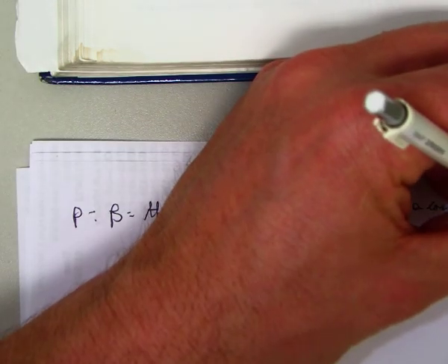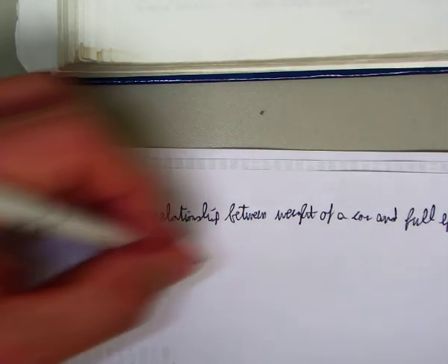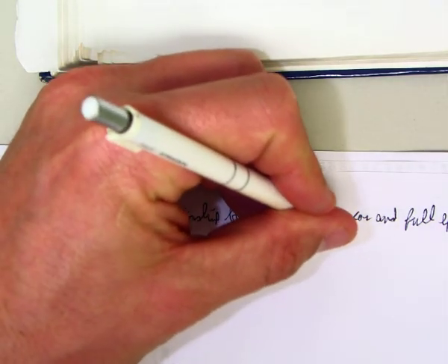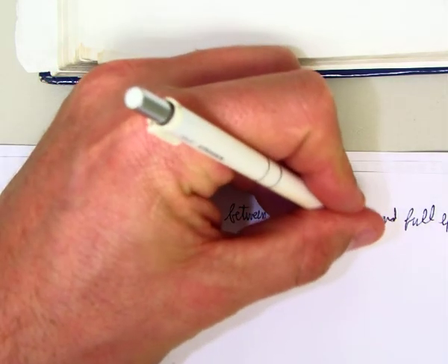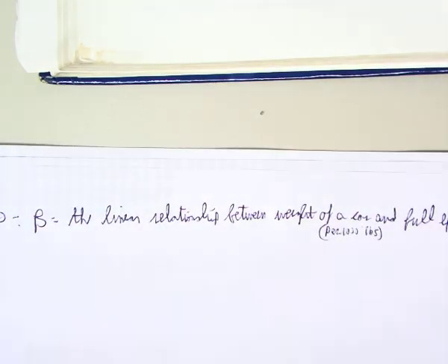Should be an I in here. Okay. And really this should be weight of a car. This should be per 1,000 pounds. And this should be in miles per gallon here. Okay.